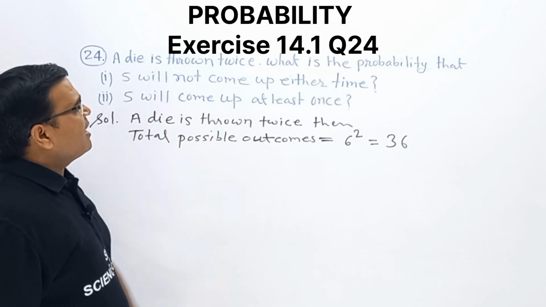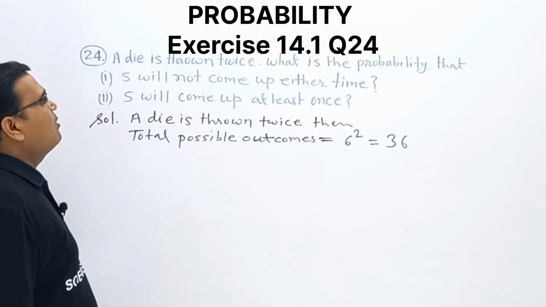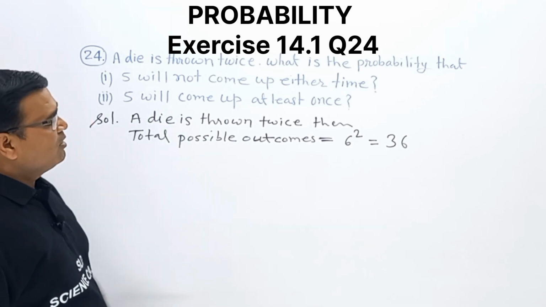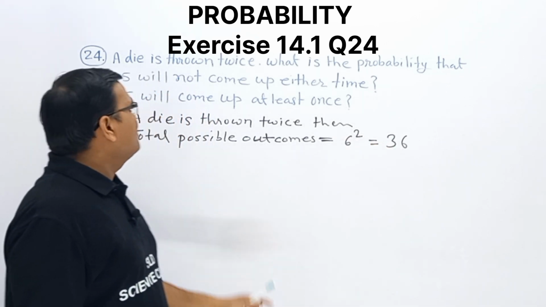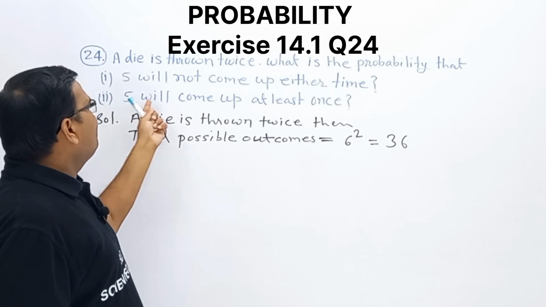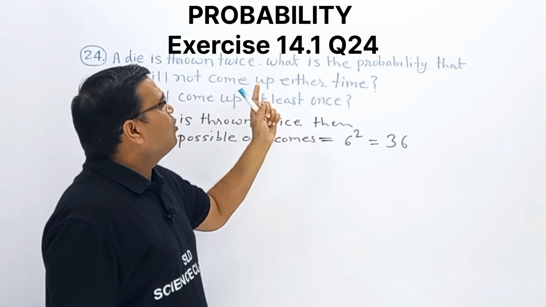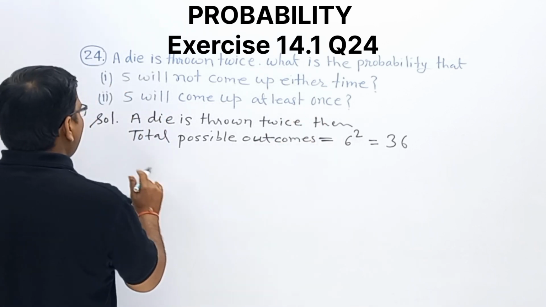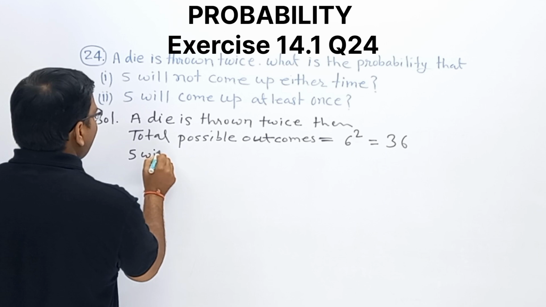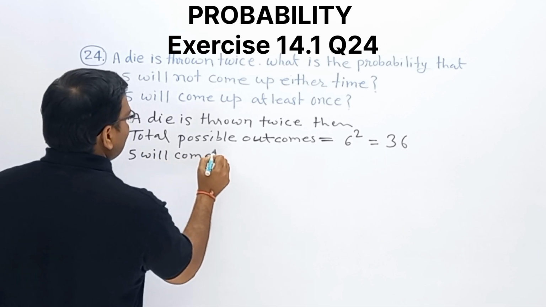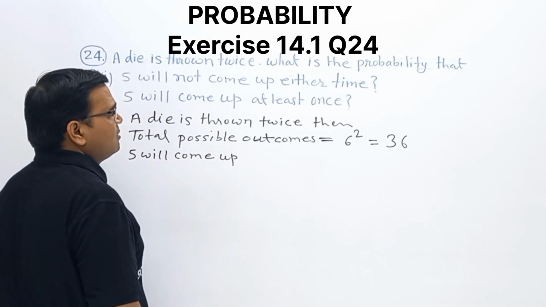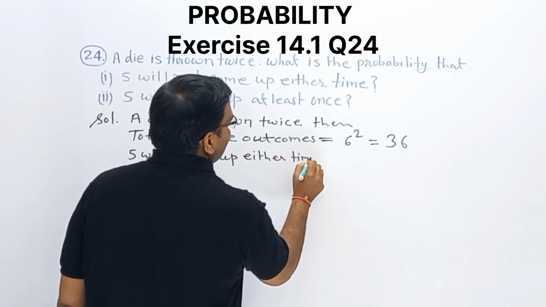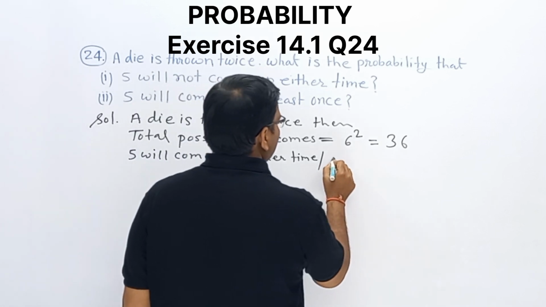Now we want 5 will not come up either time, and 5 will come up at least once. So from these 36 outcomes, I am going to write 5 will come up at least once, or we can say either time.